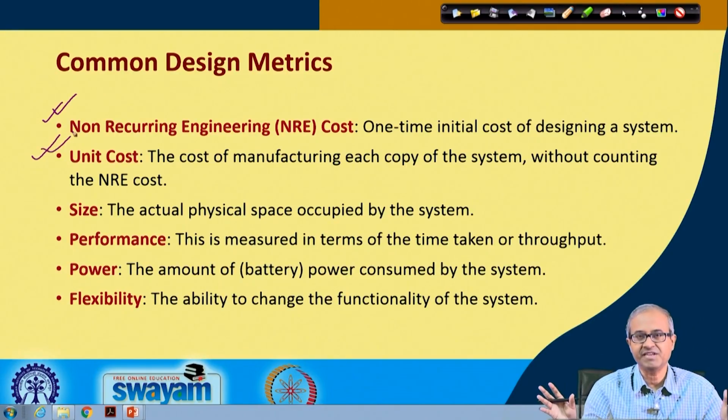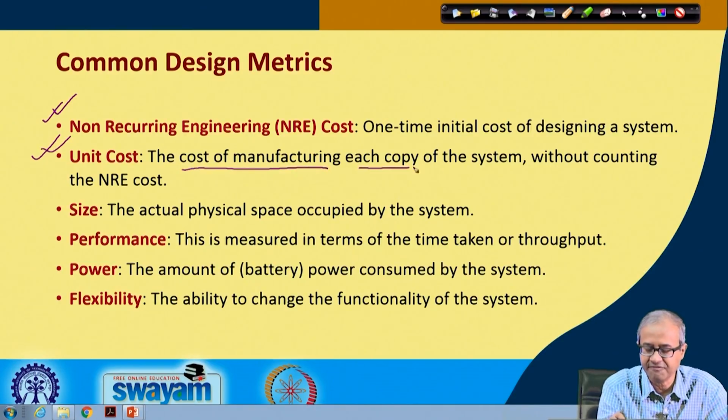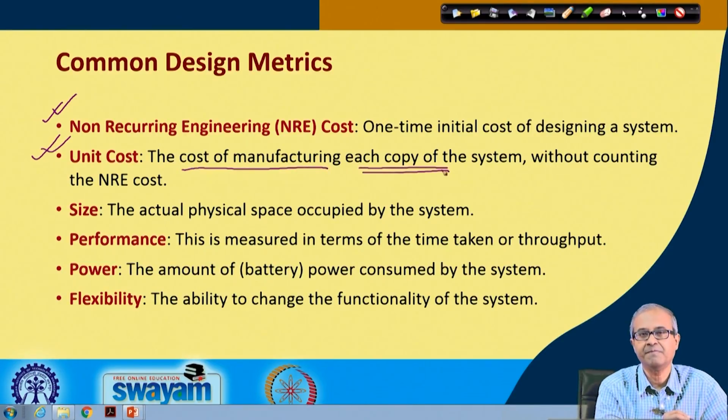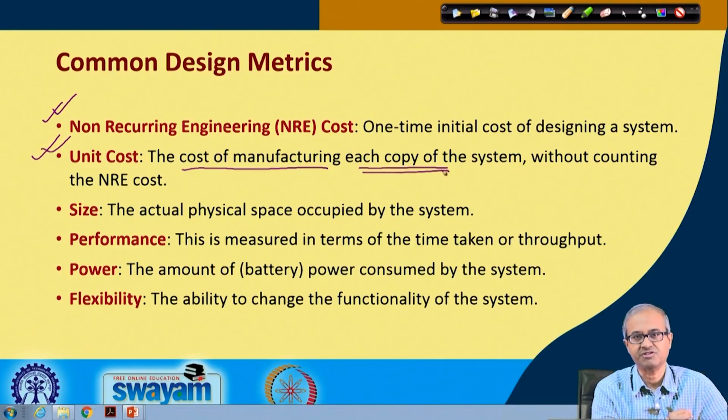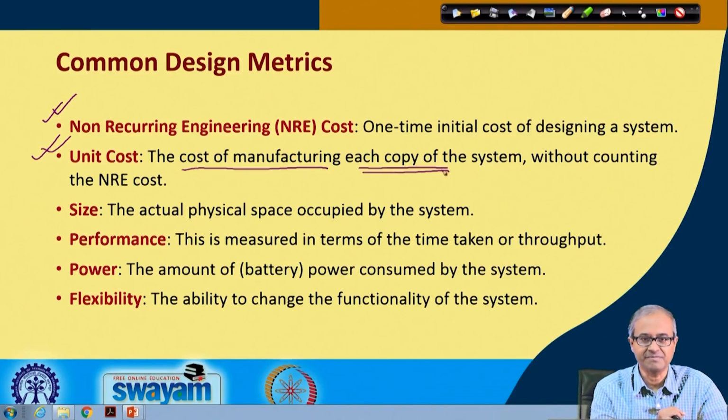After you have that infrastructure, what is the cost of manufacturing every copy of the system? That you define as the unit cost. Unit cost will also consider the cost of the raw materials, labor cost, and so on and so forth.